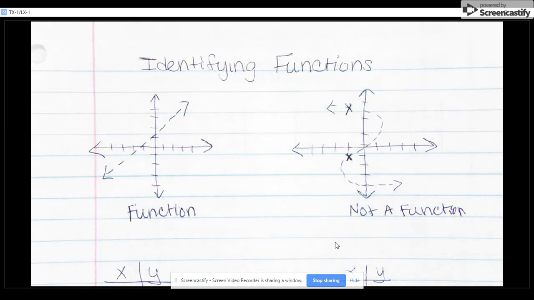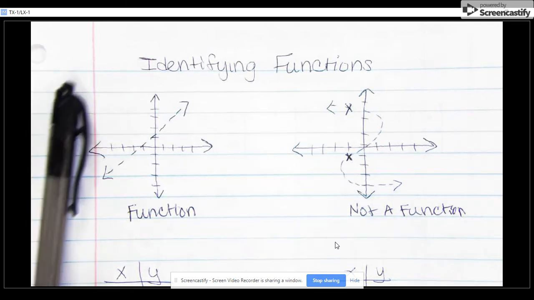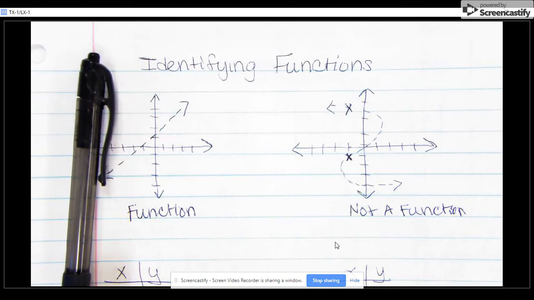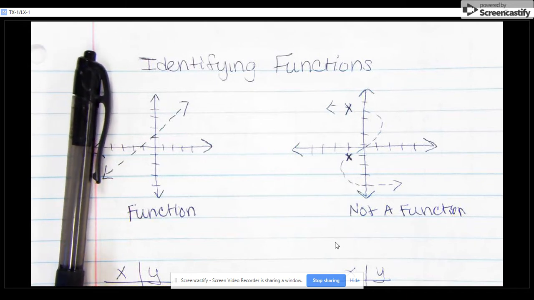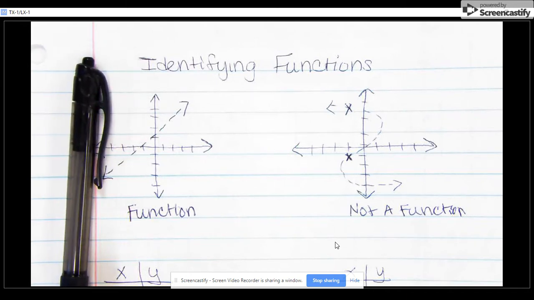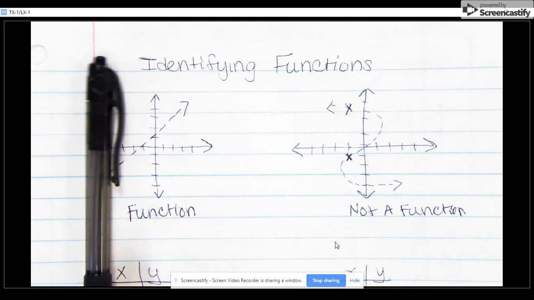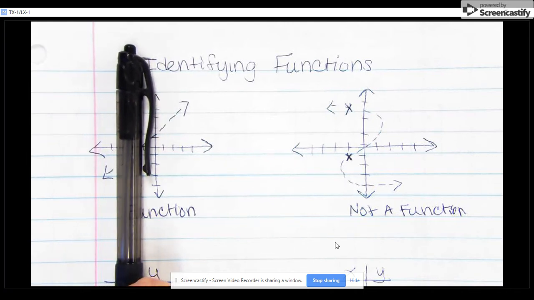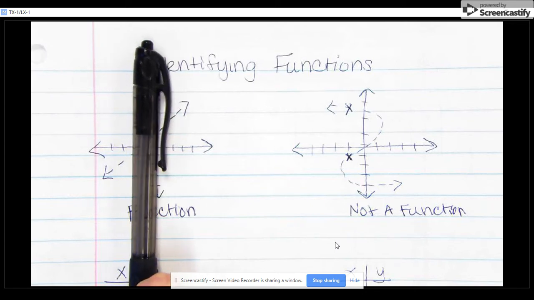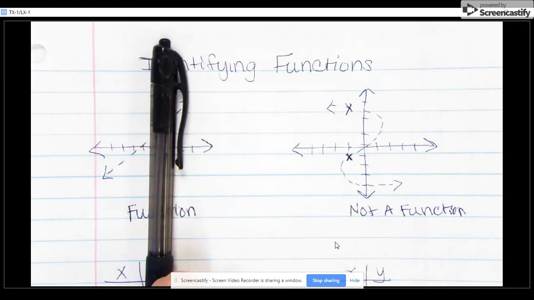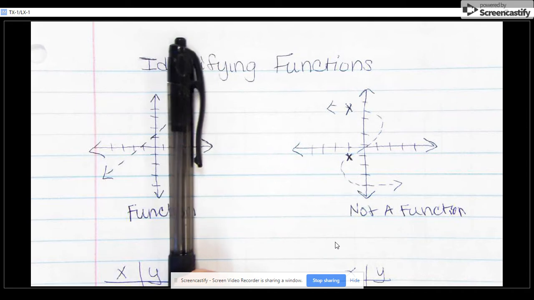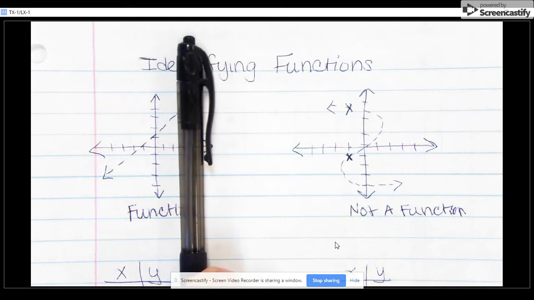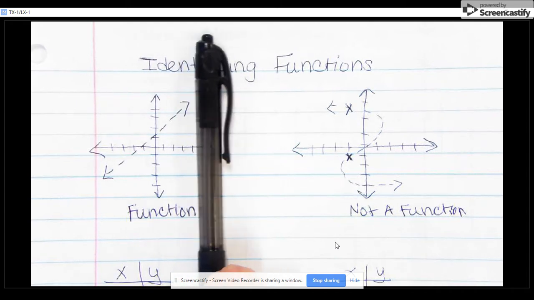So let's do that with this first example. Just like I did saying it out loud, I can visualize it. I have my vertical line, which is my pen. If I go across my graph, I see that every time I move my pen across, I am only crossing that dotted line once.